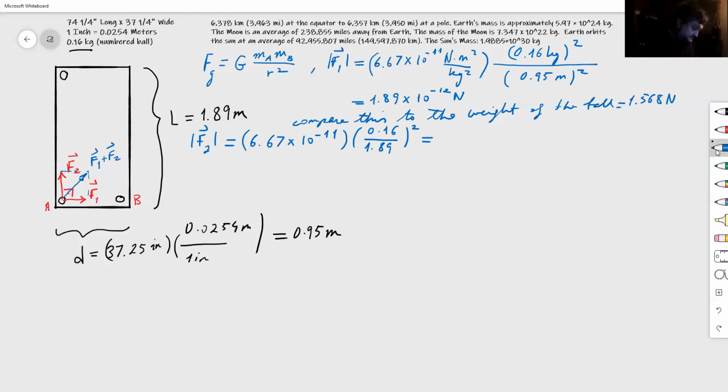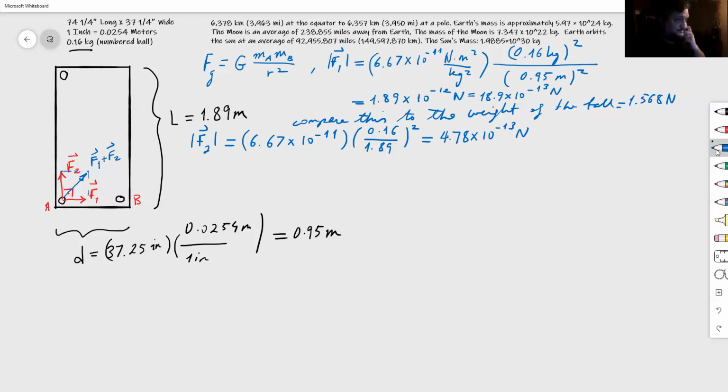All right, so this will be 4.78 times 10 to the negative 13 newtons. All right, so let's take this one and rewrite it as 18.9 times 10 to the negative 13 newtons.